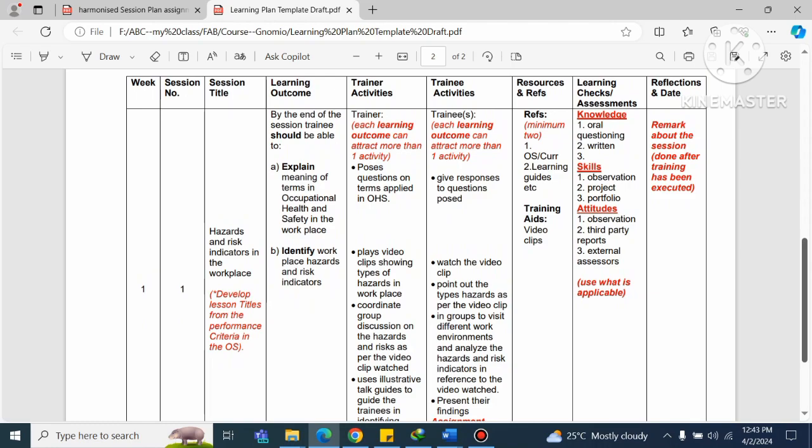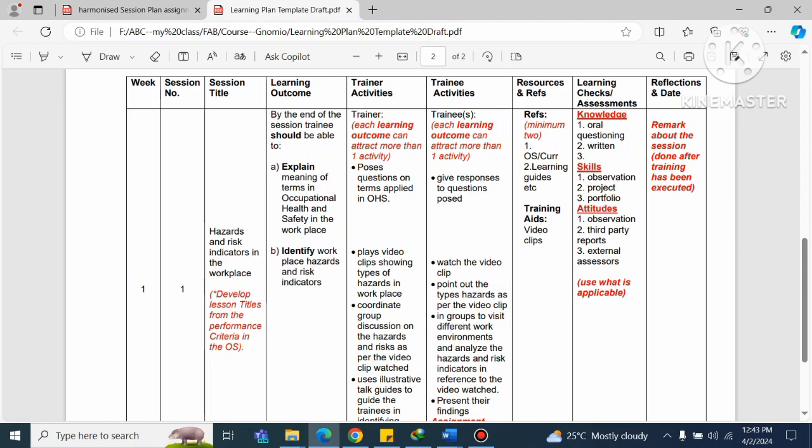Resources include things like the curriculum, and learning aids. Learning aids can be video clips, presentation slides, and infographics. Learning assessments usually assess knowledge, either by oral questioning or written assessments.